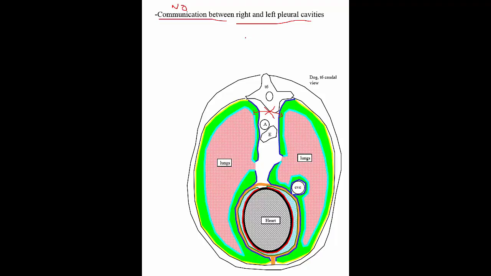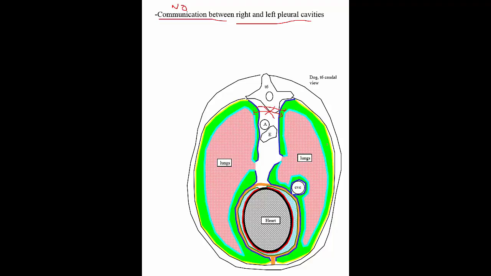Now in the domestic species that you work with, this is inconsistent. In dogs, cats, and larger animals, there can be an incomplete mediastinum, and there can be some communication between the right and left pleural cavities. The important point is not to worry about it, but to understand what a clinician means when talking to you about communication or a complete or incomplete mediastinum.